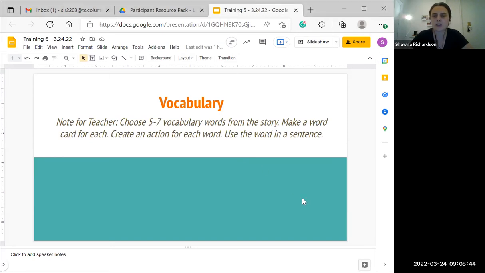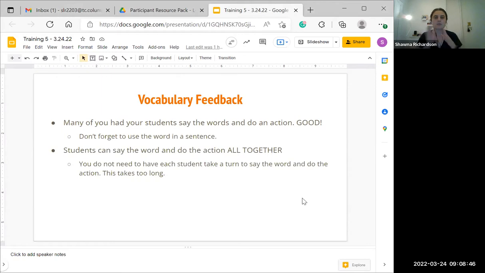Now, some feedback from what we saw. Many of you had your students say the words and do an action, and that is so good. We're so happy to see that. One little note: don't forget to also use the word in a sentence. This helps make the word more practical, and students can use it more frequently.